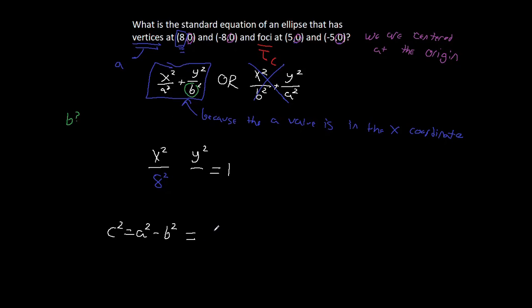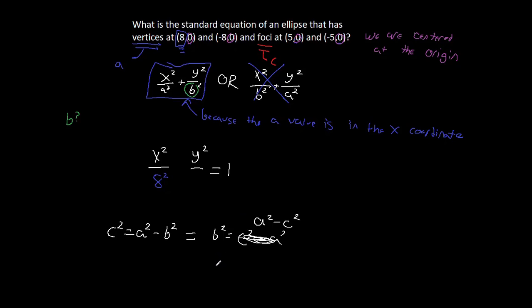So if we move the b over, we get b squared is equal to, sorry, a squared minus c squared.